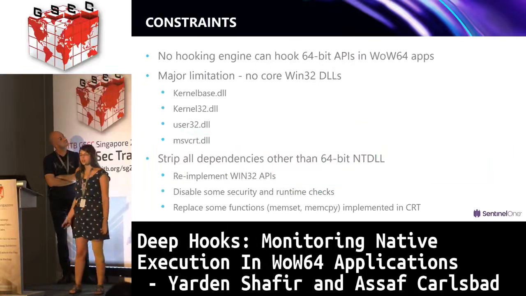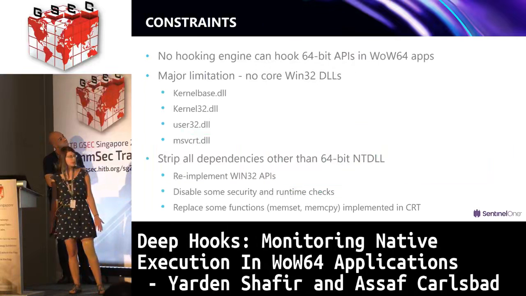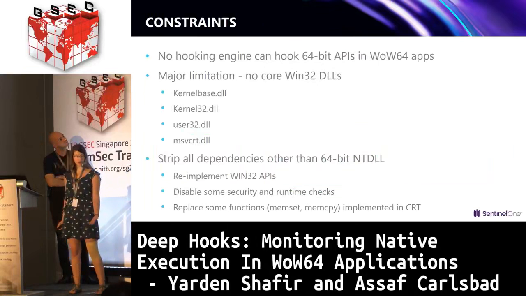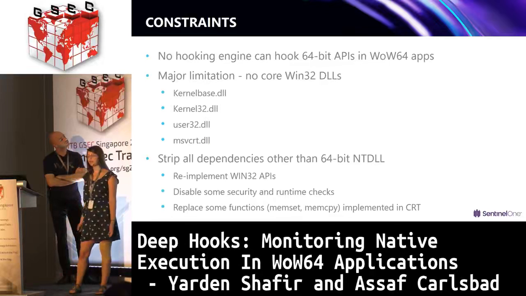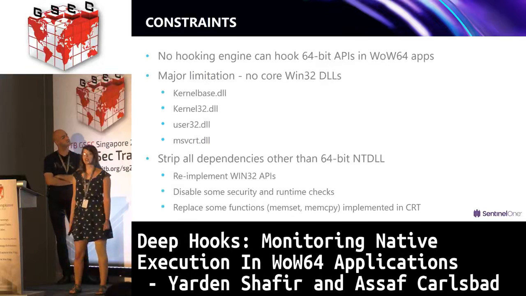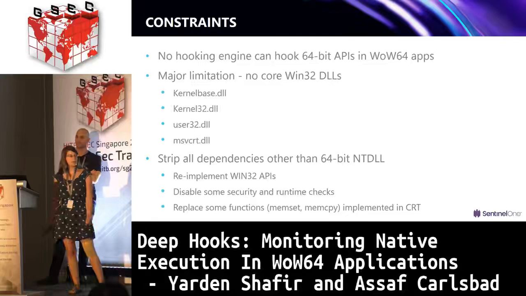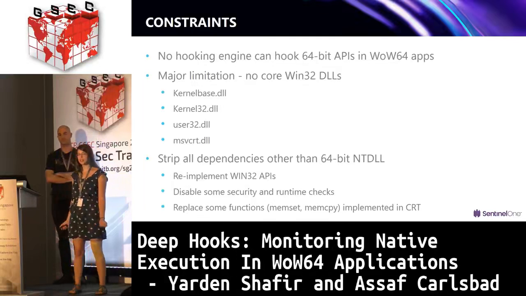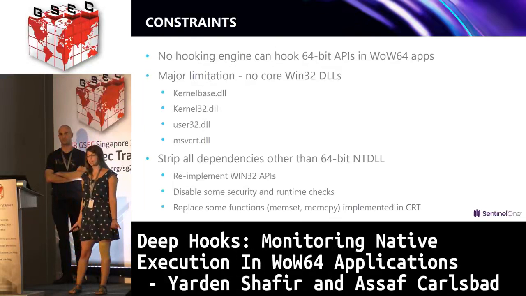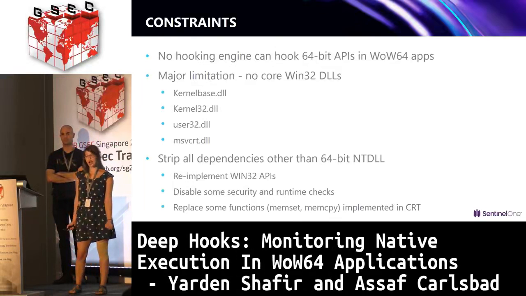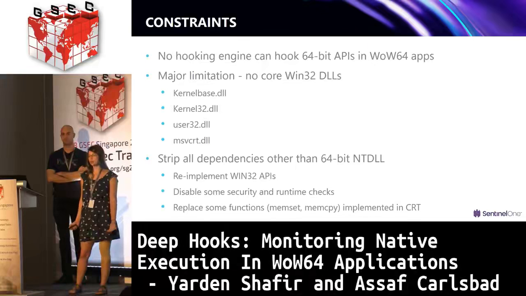Well, anybody who wrote code for Windows might know a few basic DLLs that implement most of the Win32 API, stuff like kernelbase, kernel32, and the C runtime libraries. They're very basic when writing code for Windows, and all hooking engines we looked at use them. But the 64-bit versions of these DLLs are simply not loaded into WoW64 processes, and because of some technical issues, we generally can't load them either.